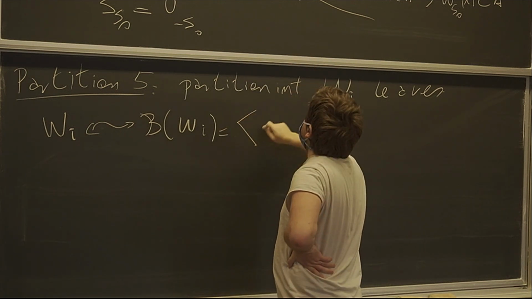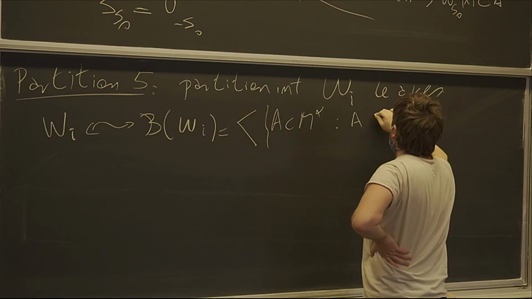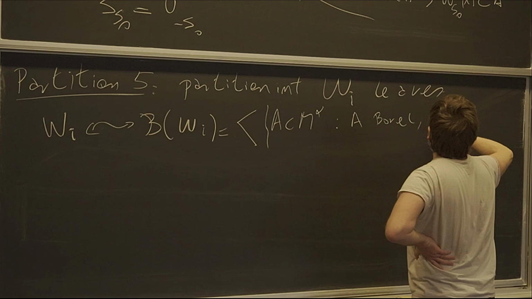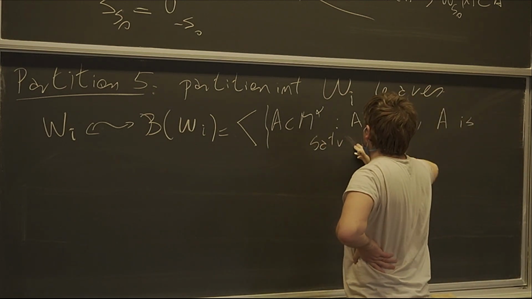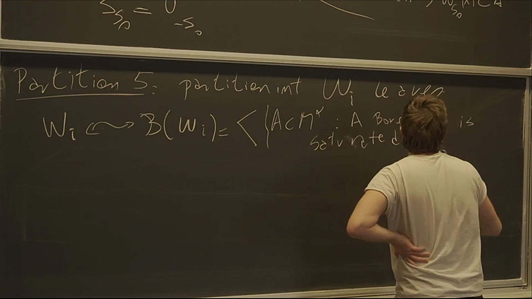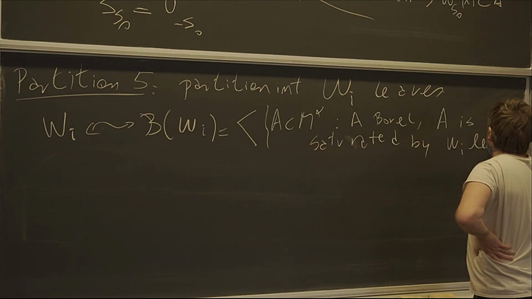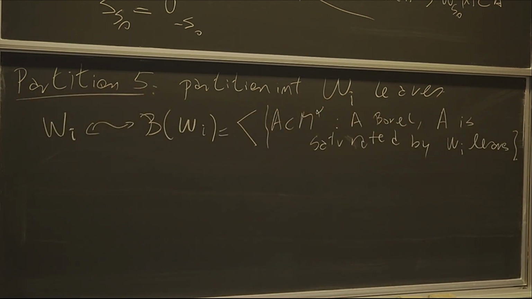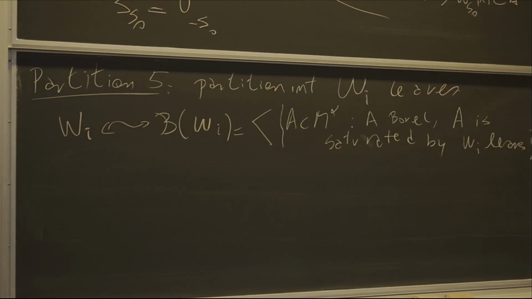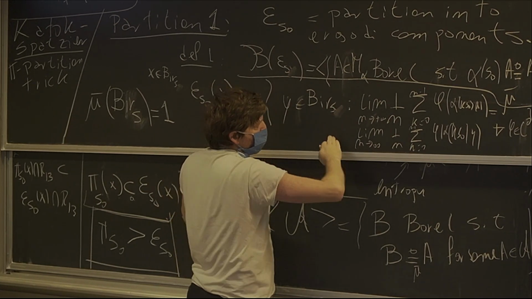Okay, so it's all the A in M alpha, A Borel, and A is saturated by Wi leaves. And actually, I keep on putting the S naught here all the time, and I shouldn't have, because I really want to have this definition for all the S's in the world.